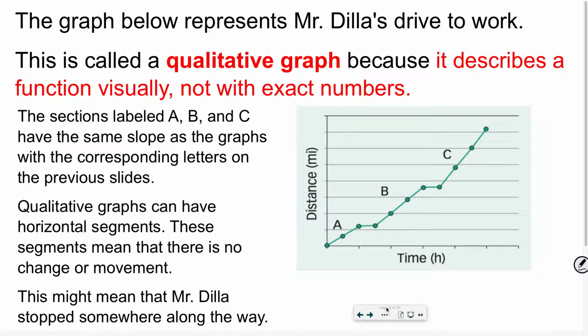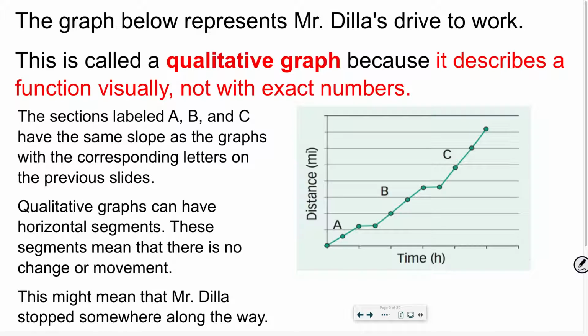So this whole graph right here describes Mr. Dilla's drive to work. I want you to all take a look at this and figure out what you think is happening here. The most important thing when you're looking at a qualitative graph is to take a look at what the axes say. It says time and distance.